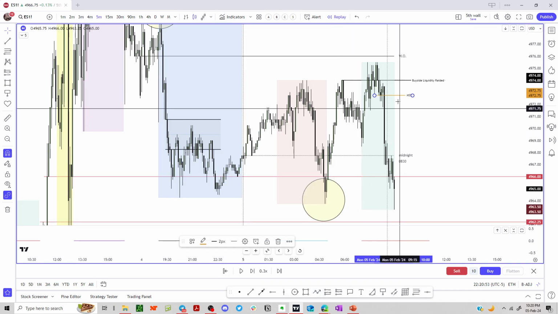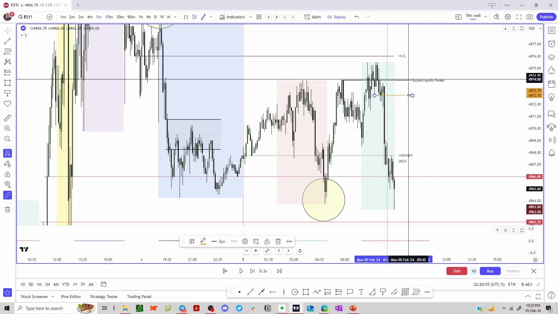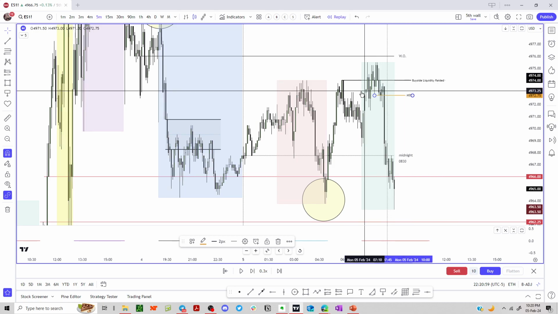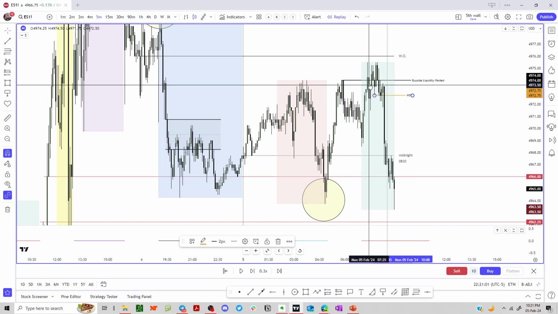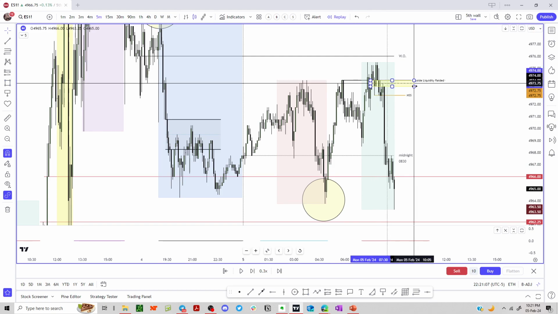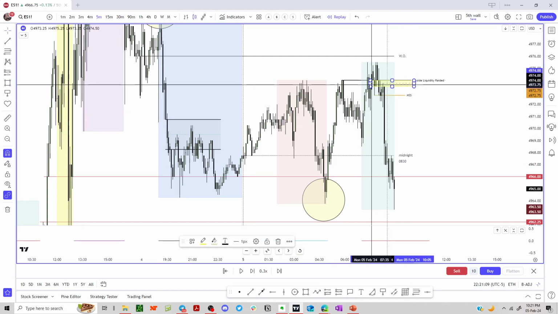And then you want to look for a retrace back into a fair value gap and some type of inefficiency, right? And here you have it right here. That is the A plus setup.